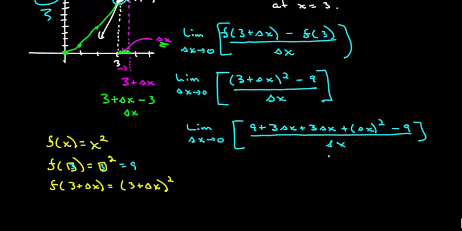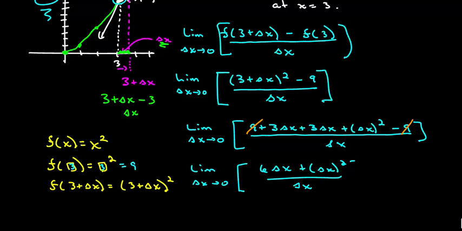That's my delta. So we've got the limit as delta x goes to 0 of, the 9's cancel out, right? And what I'm left with is 6 delta x plus delta x squared over delta x.